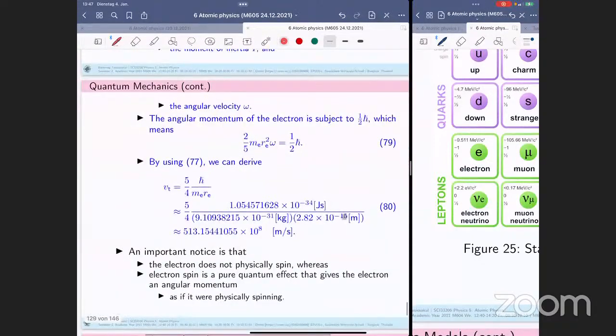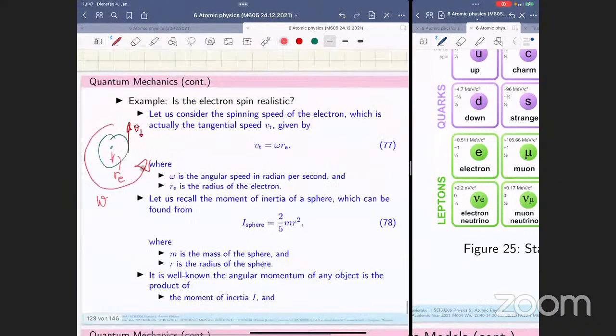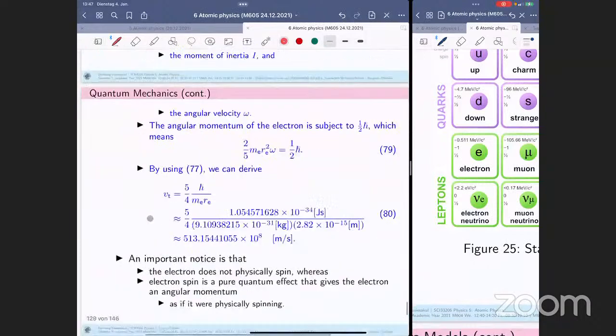Once you substitute everything into this expression and put it into the calculator, you get the tangential speed at the surface of the electron. If you stand here at the surface of the electron, you would get the speed v_t.